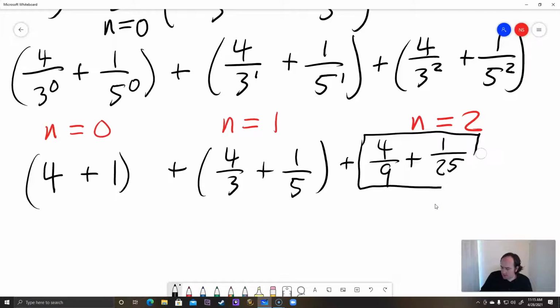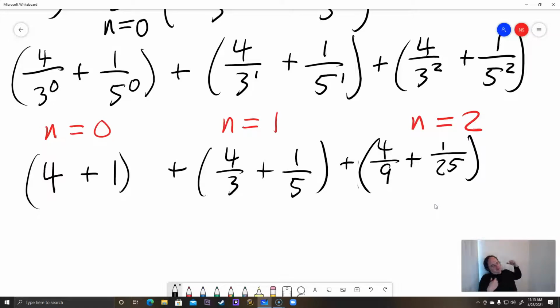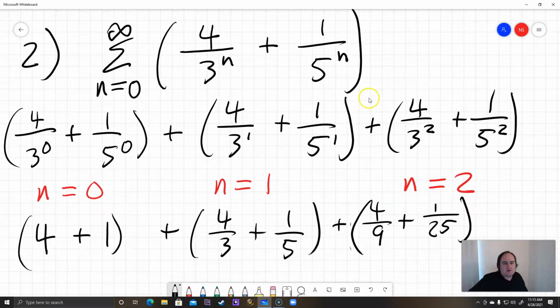I don't know why I boxed that, actually. I meant to put parentheses around it. Just having a senior moment here. Okay, so we've got 4/9 plus 1 over 25. And you can keep going, of course, but I think writing the first 3 terms should be good enough here. You might have to write 1 or 2 more for your homework, but I think we get the idea. Okay, so that's writing the first few terms.